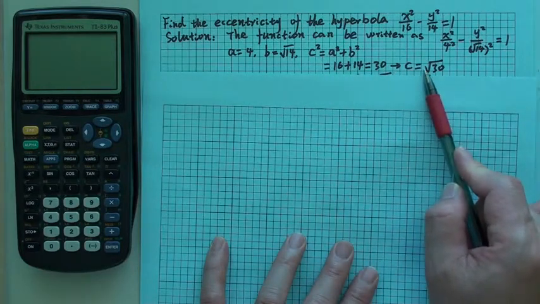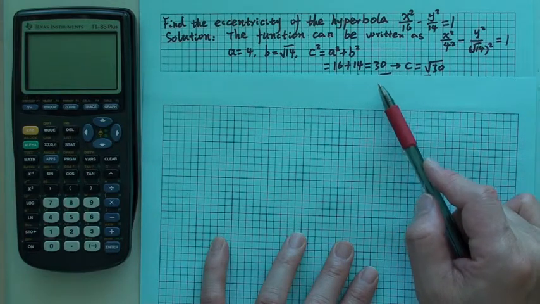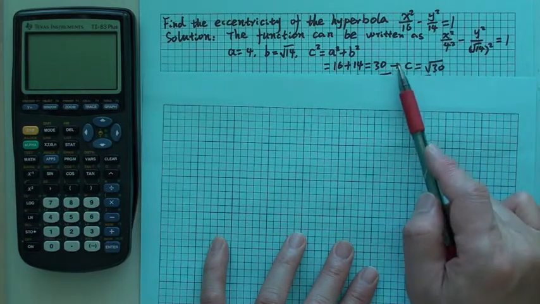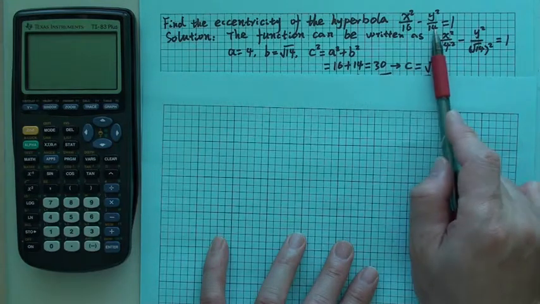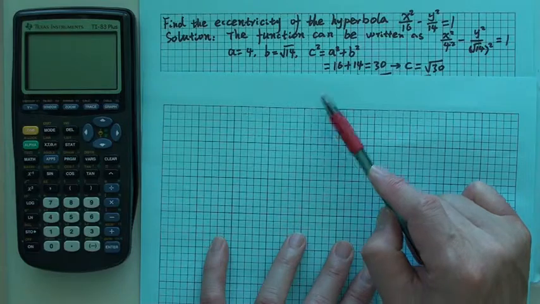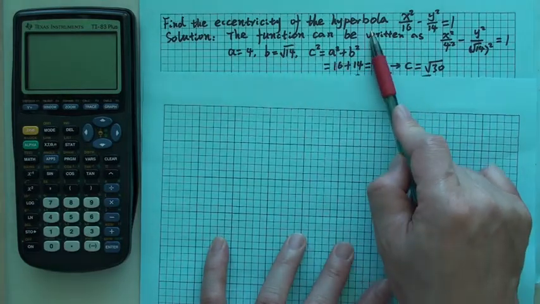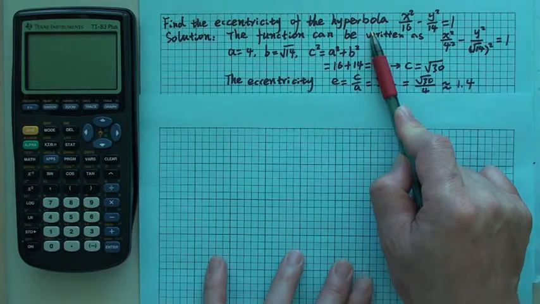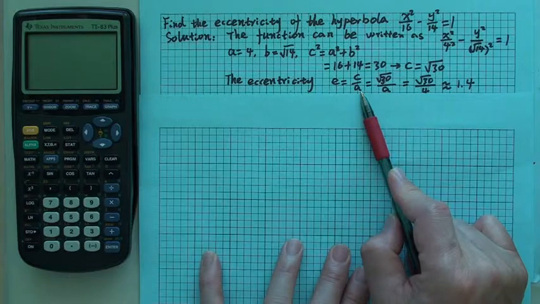To get c, you have to take the square root. For a given function, we can always find c this way: add those two, then take the square root. Now, the eccentricity is defined as c over a.